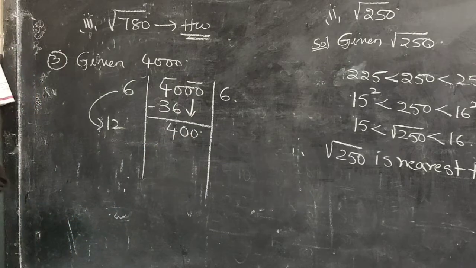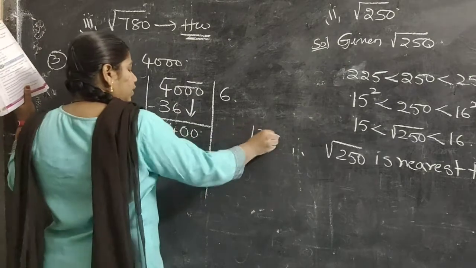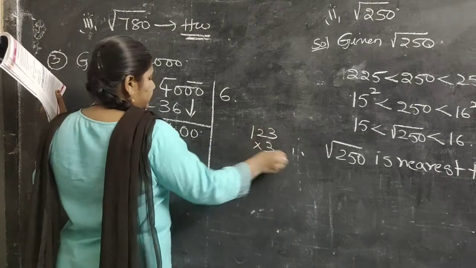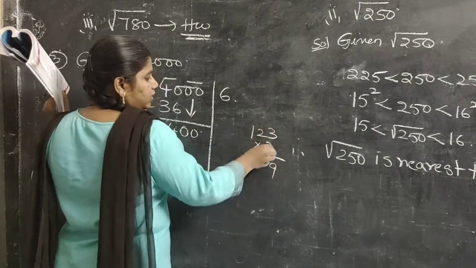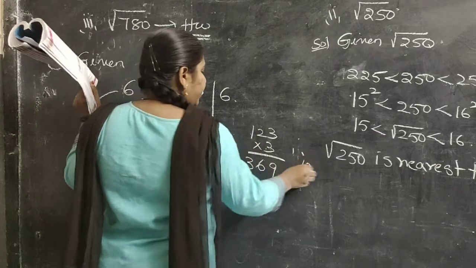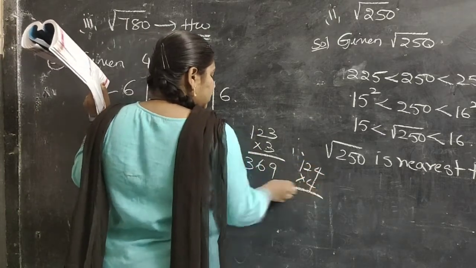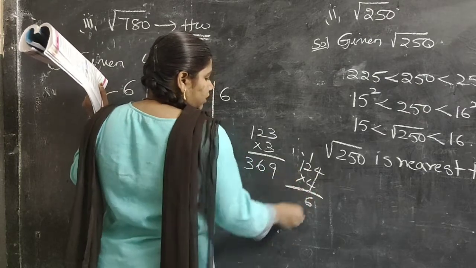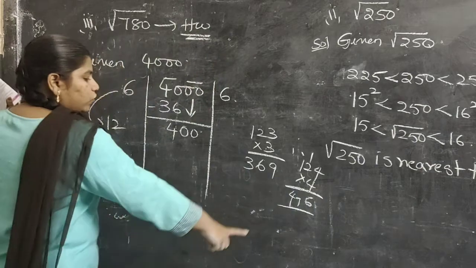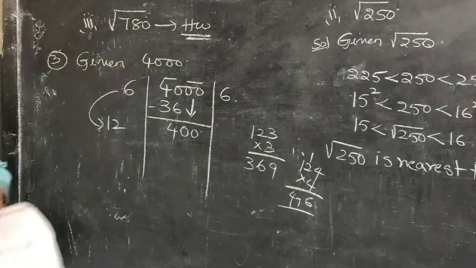So which value can we take here? 123 3s we will check. 3 3s are 9, 3 2s are 6, 3 1s are 3. So 124 4s we will check once. 4 4s are 16, 4 2s are 8, that will be 496. 496 is more than 400.